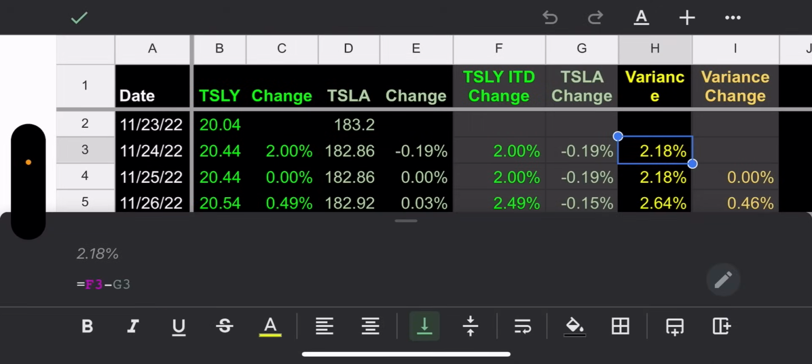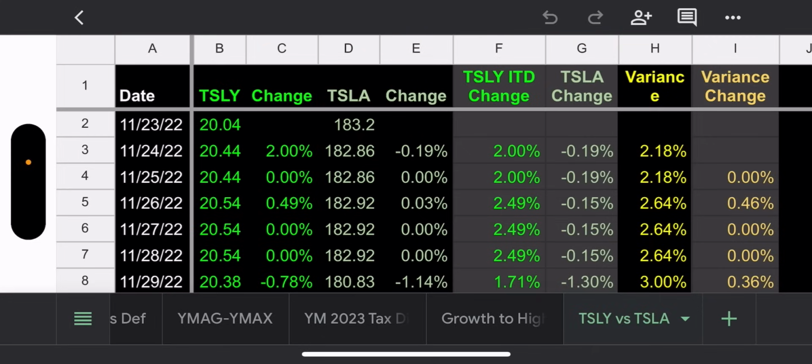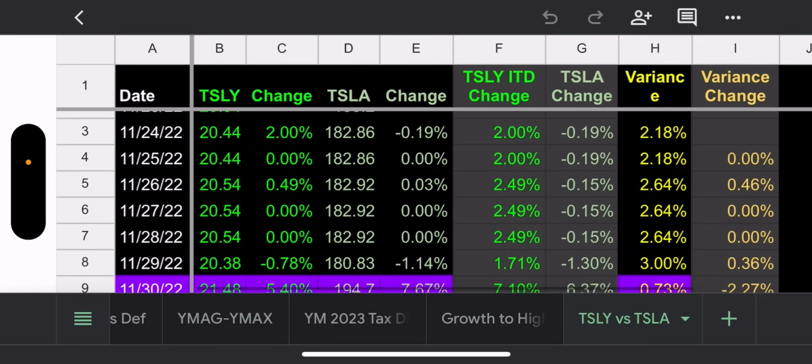This should be a formula, F3 minus G3. So this shows basically who's winning. So it's Tesley minus Tesla. If it's positive, Tesley is winning. If it's negative, Tesla is in the lead. And then we have the variance change. This shows how much the lead changed one way or the other, right?